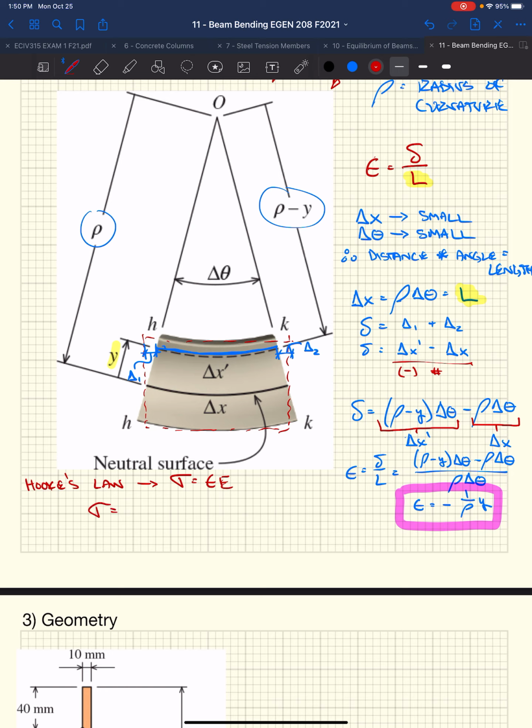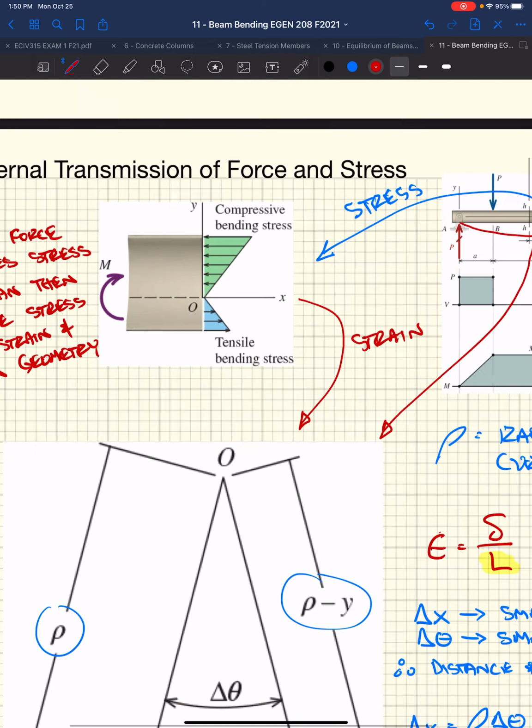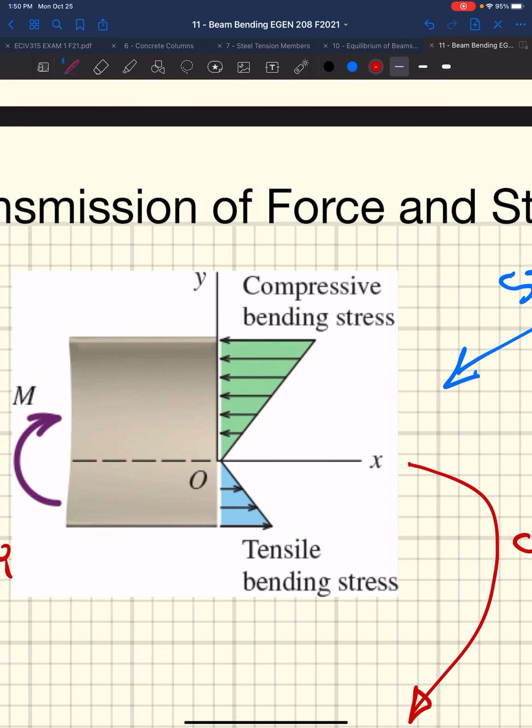We can then substitute in and get that the modulus of elasticity times the distance up from our neutral axis divided by the radius of curvature gives us the stress at any given distance up or down from this neutral axis, essentially plotting this stress distribution. And you know it's linear because all of the factors in there are linear.